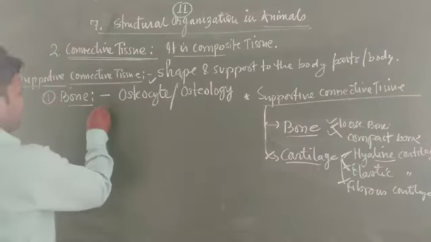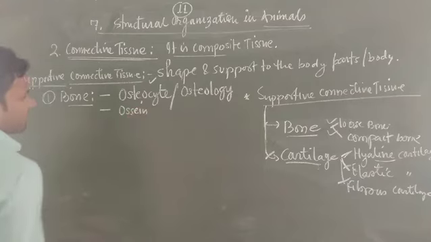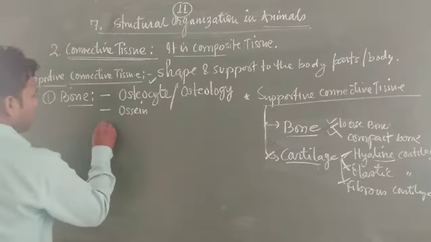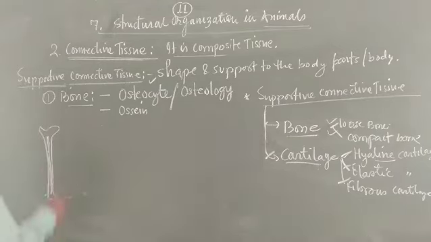Here a protein is found called ossein protein. If you are talking about the structure of the bone, in between the bone, fluid-filled cavities and cellular material are found, called bone marrow.